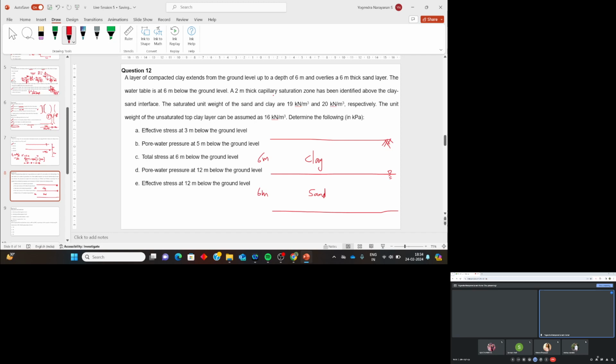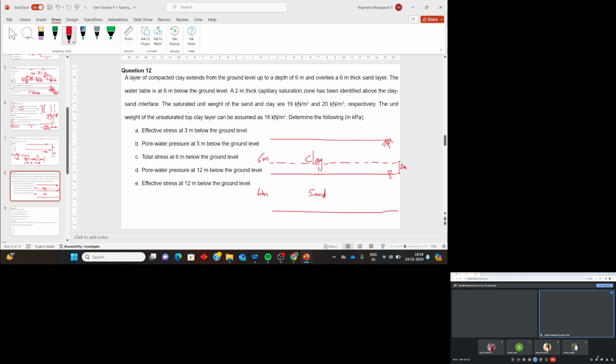A 2-meter thick capillary saturation zone has been identified above the clay sand interface. That is, there is a layer in which capillary action is occurring, and the zone of complete saturation is for 2 meters.